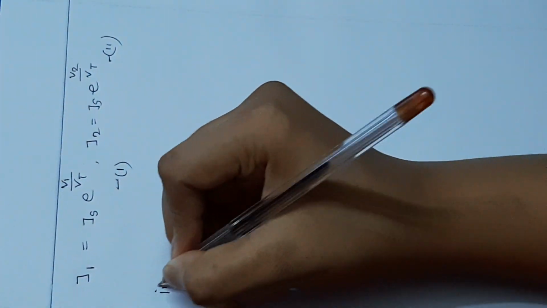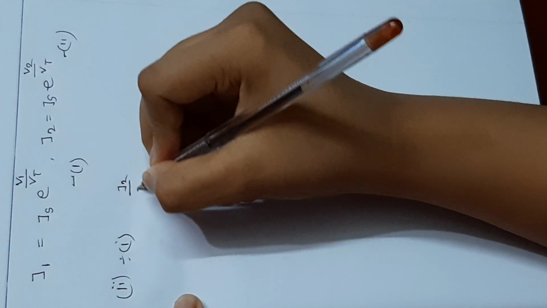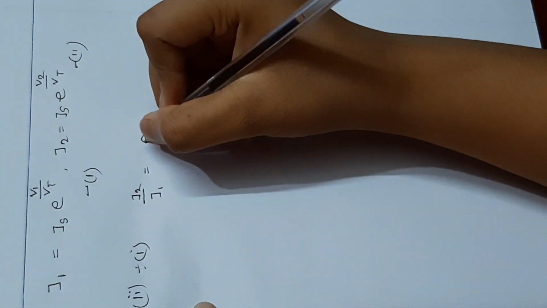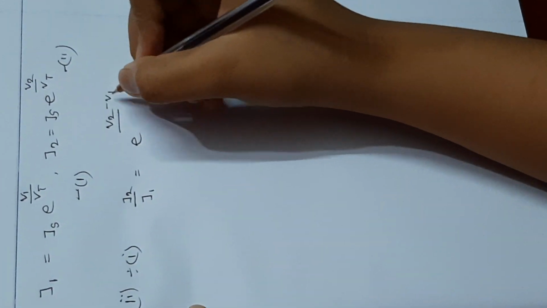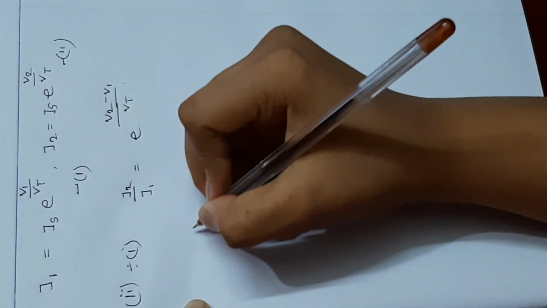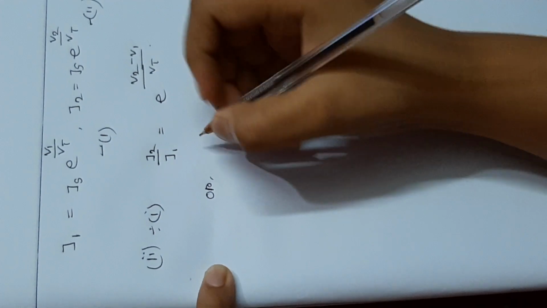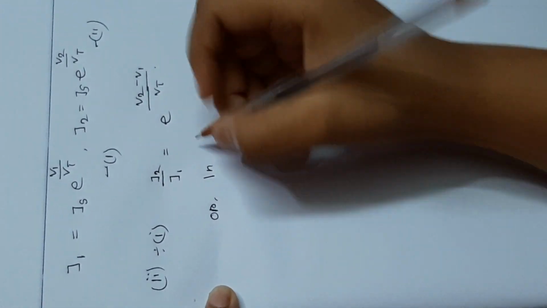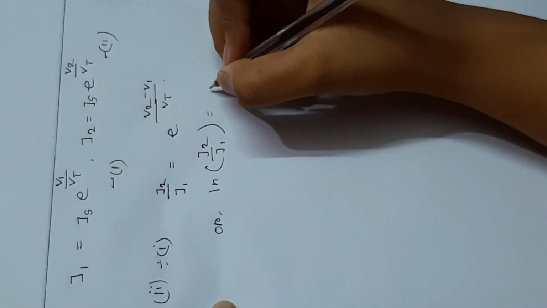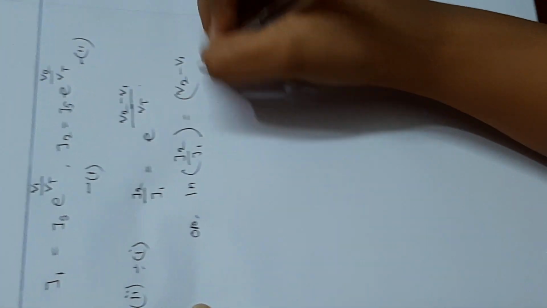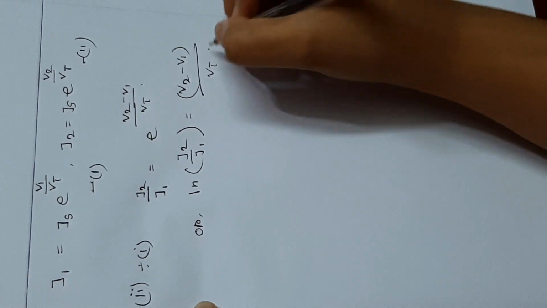Then I2 by I1 is equal to e to the power (V2 minus V1) by Vt, and we can take the logarithm. ln(I2 by I1) is equal to (V2 minus V1) by Vt.